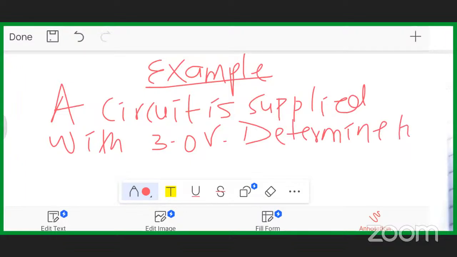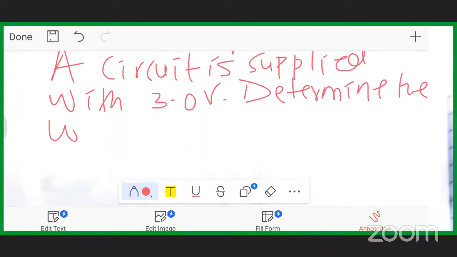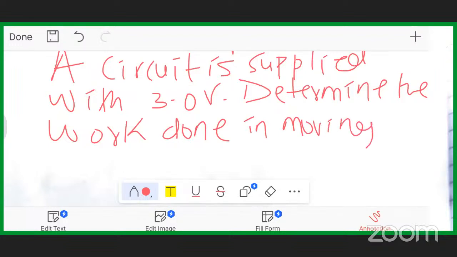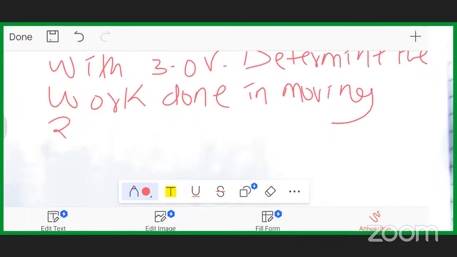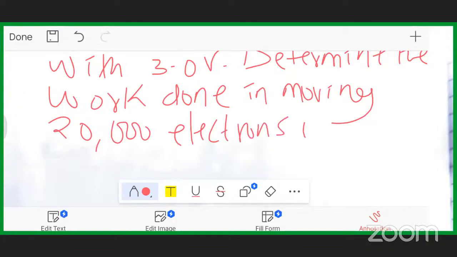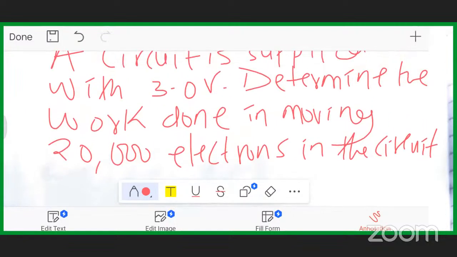Determine the work done in moving 20,000 electrons in the circuit. So you can have that a circuit is applied with 3.0 volts.